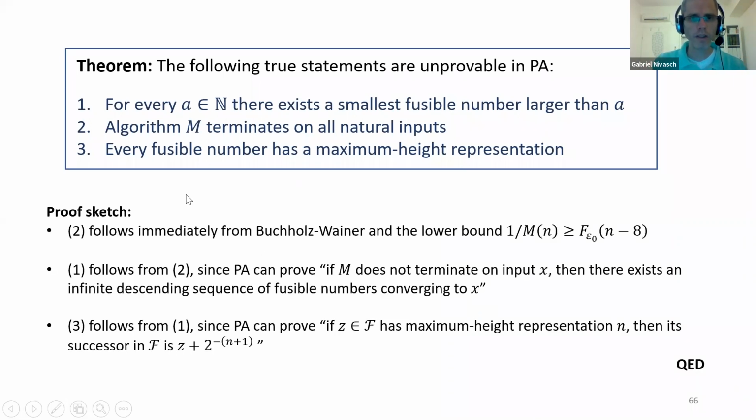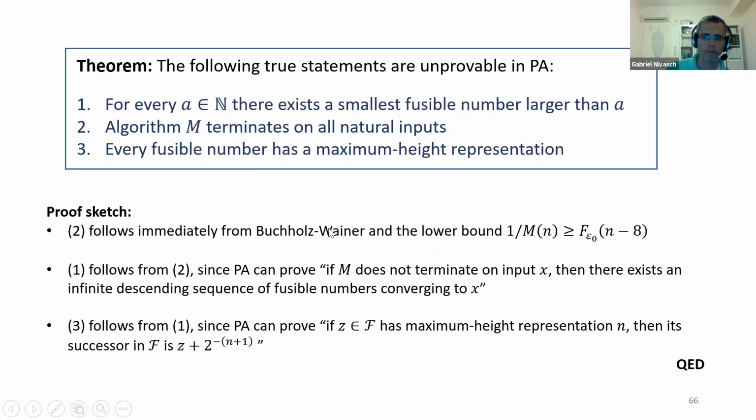So the second statement, regarding the algorithm M, we already proved, because we already showed that its inverse grows like f epsilon 0. So immediately by Buchholz and Weiner, it follows that termination of algorithm M is unprovable in PA.